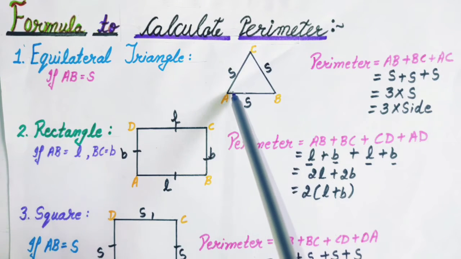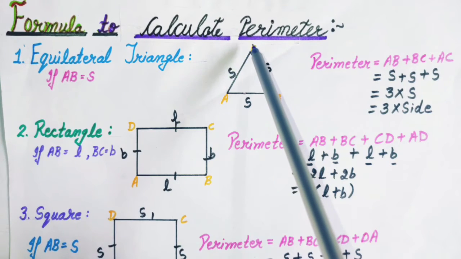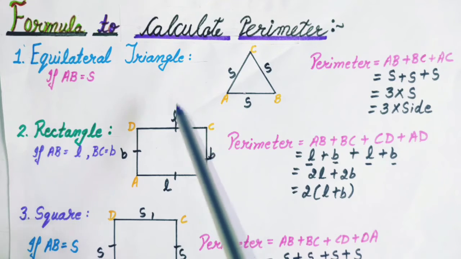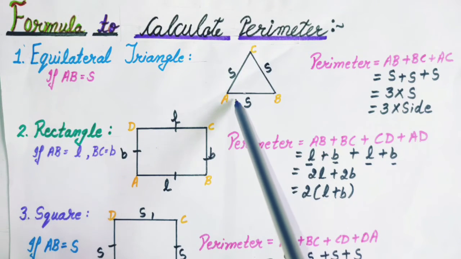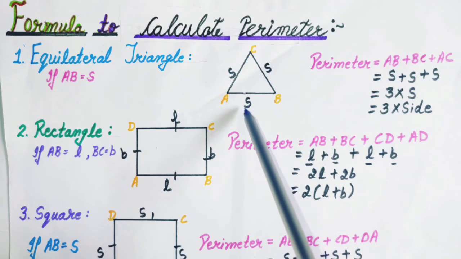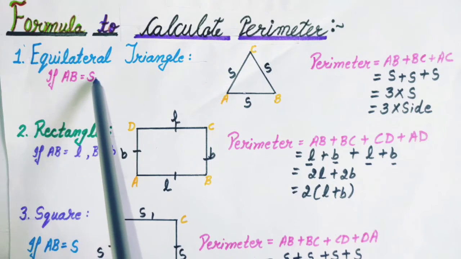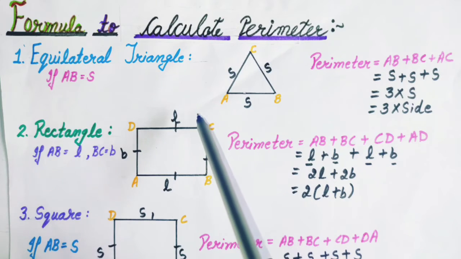When all the sides of a triangle are equal, in that case that triangle is known as an equilateral triangle, right? So I have taken one triangle ABC. If I have taken AB as S, S means side, so all the sides will be denoted by S only. Why? Because all sides are equal.